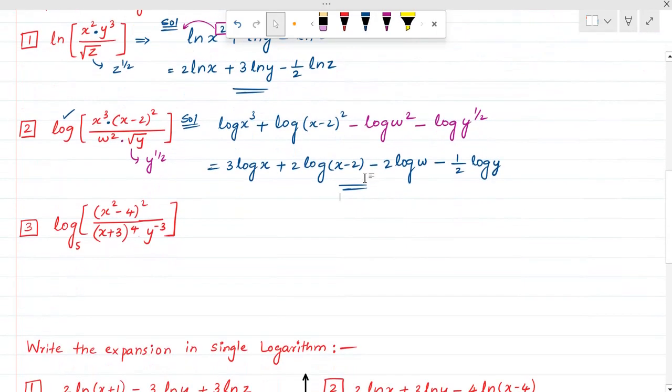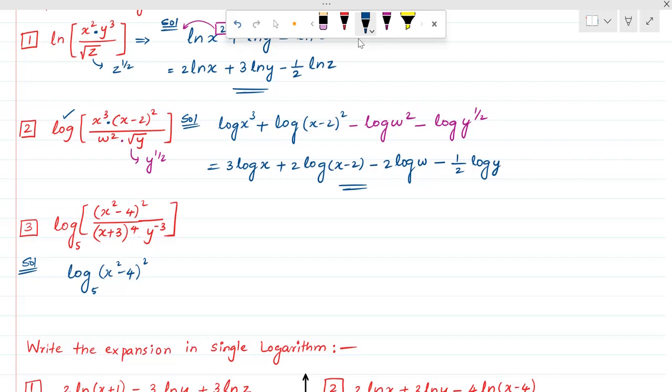Now the next one, we have the same thing. I will go with the same rule, so expand using the logarithm. Using the property, here the base is 5, therefore all the logs should be base 5. Now I write log base 5 of (x square minus 4) to the power 2.